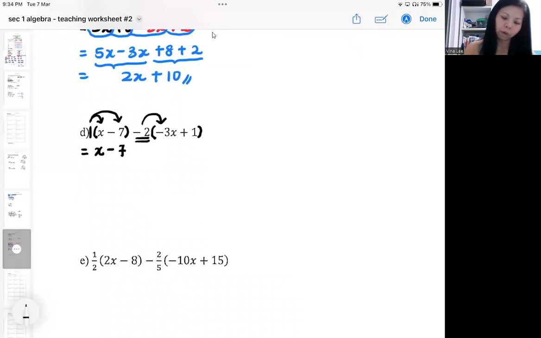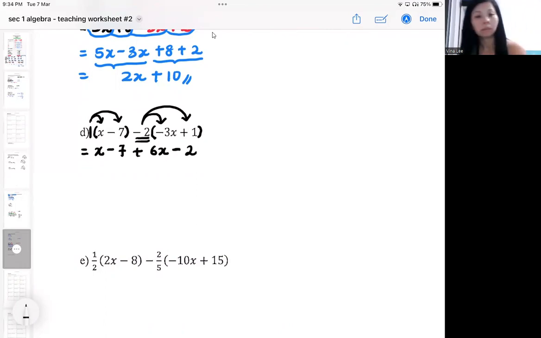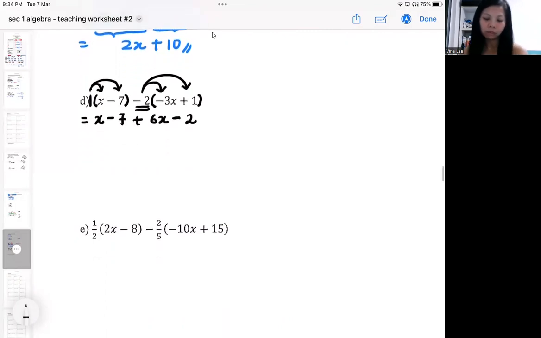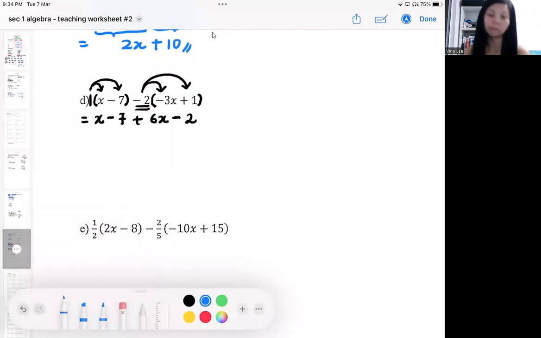So be careful. -2 times -3x is a positive 6x. -2 times +1 is a -2. So if your eyes don't see the negative, you keep making sign errors, and you won't know why you go wrong. Sometimes you get algebra correct, sometimes you get algebra wrong.